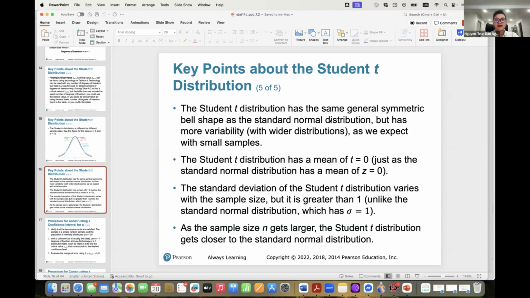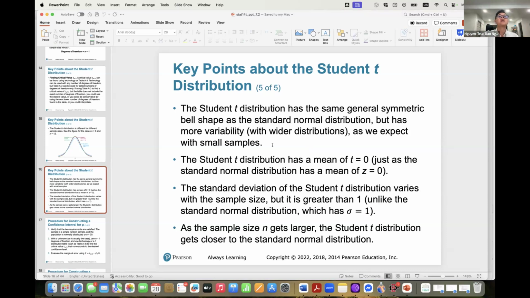And the key points about the student t distribution: the student t distribution has the same general symmetric bell shape as the standard normal distribution, but has more variability, with wider distributions. It's lower and wider, as we expect with small samples, correct?